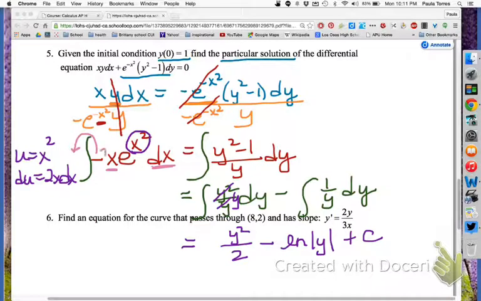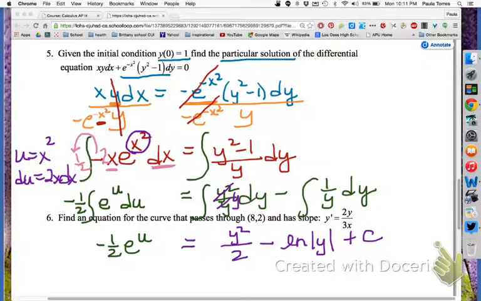So I'll slip a little 2 in there, and a 1/2 out in front. So I'm really doing this integration negative, because I brought the negative out, and then e to the u and du. And so when I take the antiderivative of that, I'm going to have negative 1/2 e to the u.